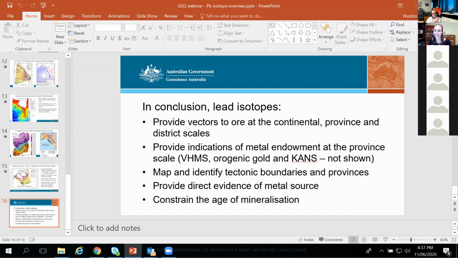Yeah, I haven't seen that data yet, so I can't really comment. We are also doing a collaboration with a PhD student at Melbourne Uni looking at the lead isotopes of our sediments. So that's also an interesting thing that we'll be curious to see the results of.